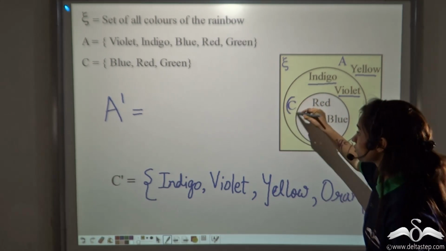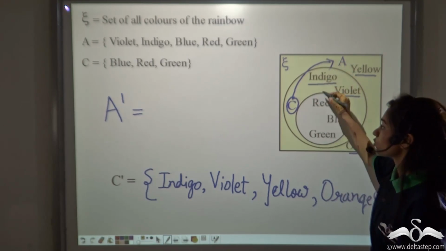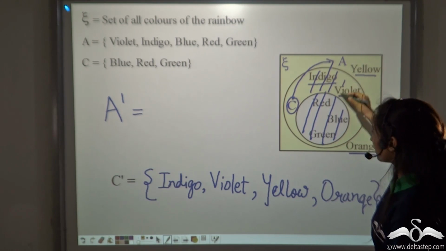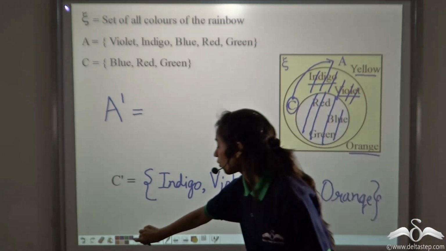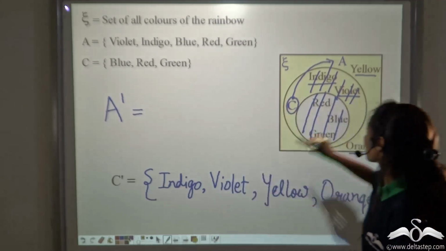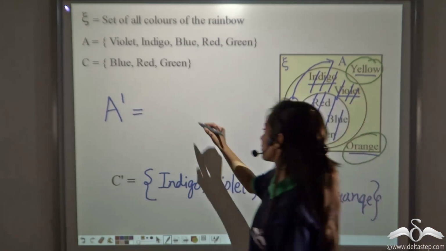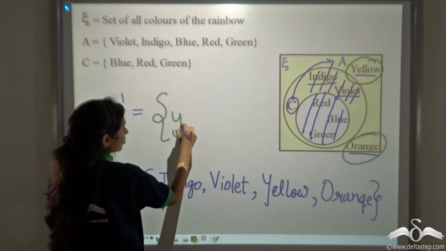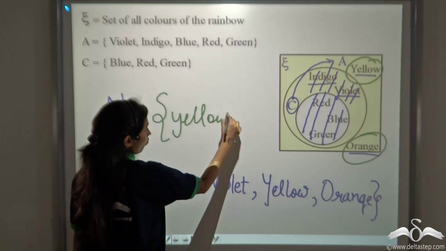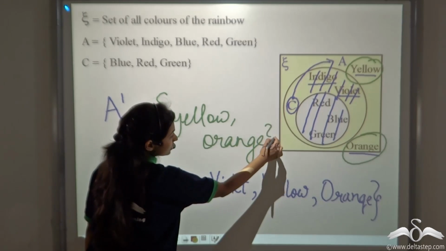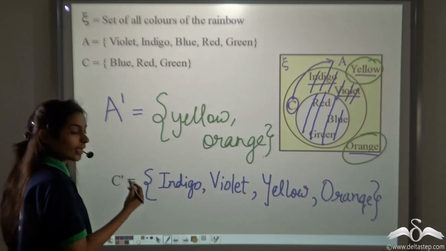No, C is already present in A. So C will also not be written, as well as elements of A will not be written. We will write only the elements yellow and orange. So A complement will be yellow and orange. We have not written the elements of C because C is already included in A.